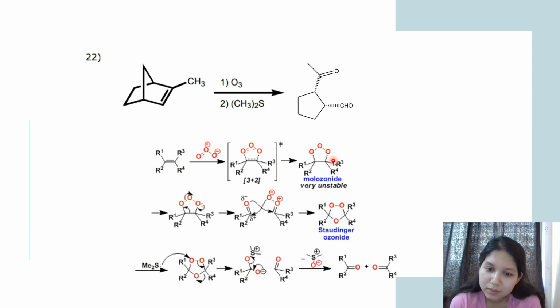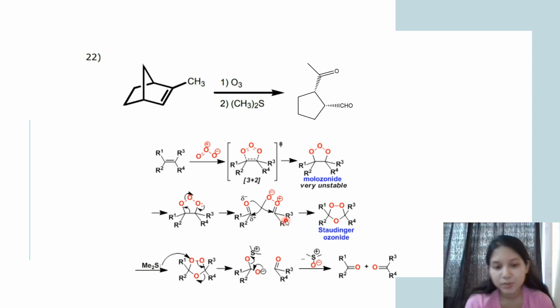Due to this five-membered ring, where the three oxygen atoms are in very close proximity, it is highly unstable and desperately wants to break down and undergo fragmentation. So this molozonide, by electron push and pull, will break down into these two species.